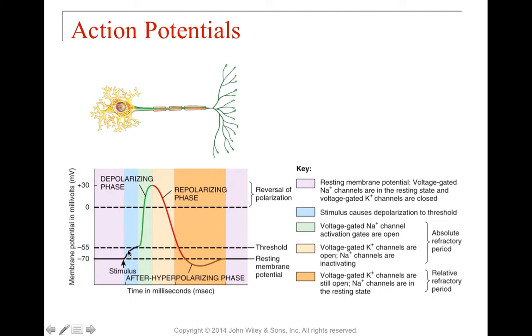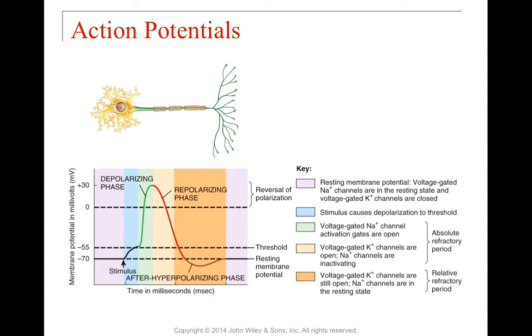And so that's here. Basically, the first part of that period is the depolarizing phase, when we're going to open up those voltage-gated sodium channels. And then that second part here, shown in kind of a beige color, is going to be when we are opening up our potassium channels and our sodium channels are now inactivating.